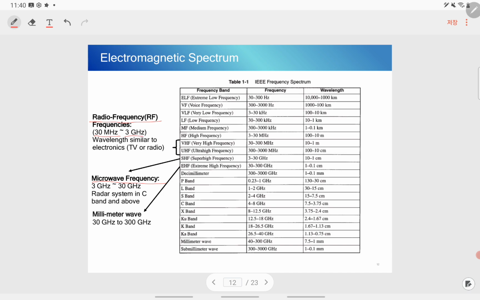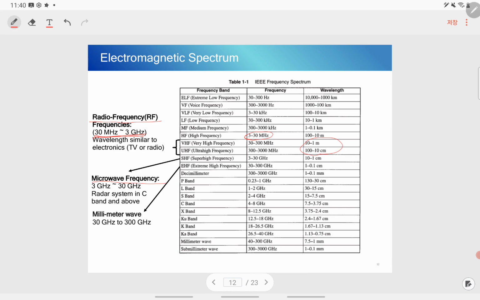If we convert that to wavelengths, it's about a meter or some 100 centimeters, similar to TV or radio, so we call that radio frequency. Sometimes 3 to 30 megahertz is also called radio frequency, but in definition you can say radio frequency is from 30 megahertz to 3 gigahertz.